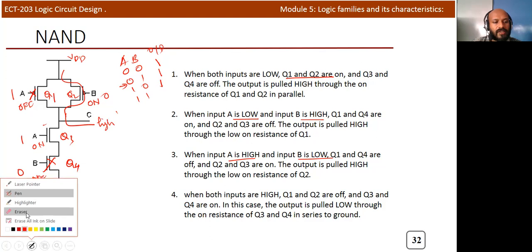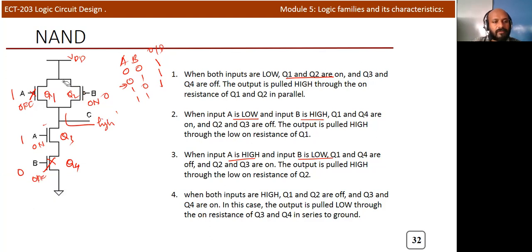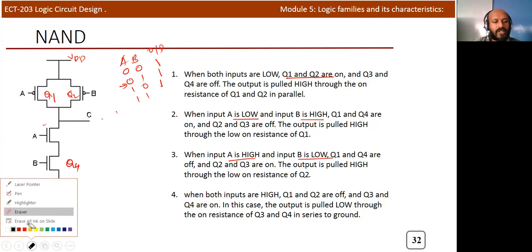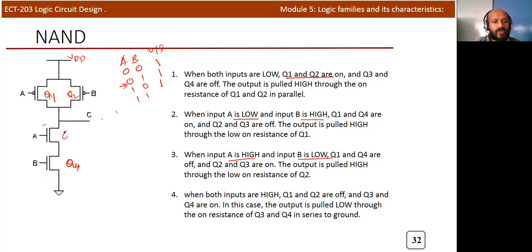Now we'll discuss the last possibility, that is, both transistors are in the on condition. So this is Q3. Q1 and Q2, when both inputs are high, means A is equal to 1, B is equal to 1. For the upper portion, we know that it's a PMOS transistor.